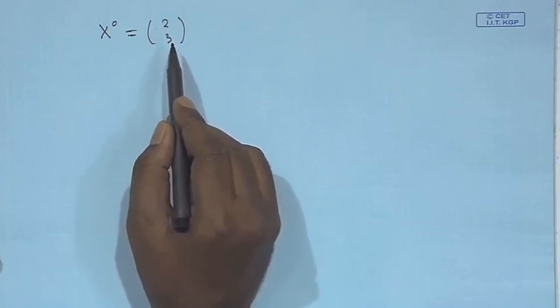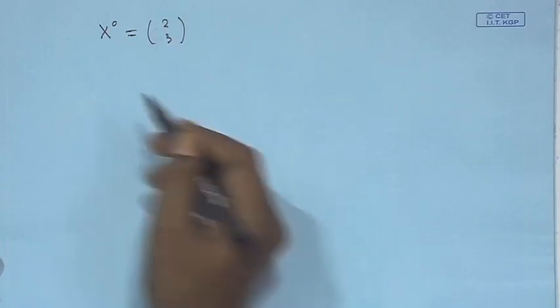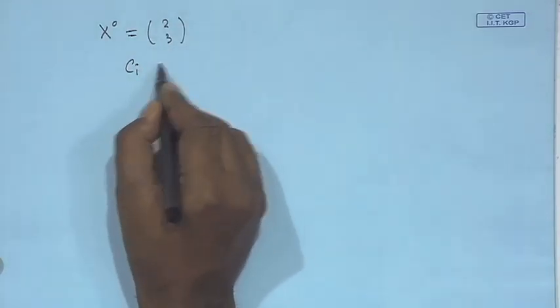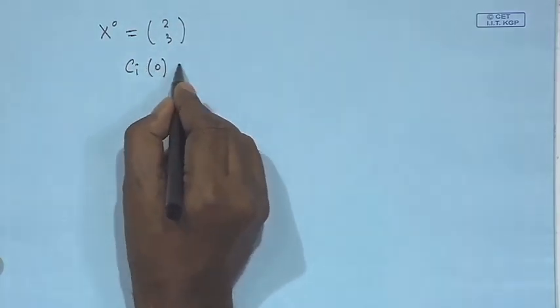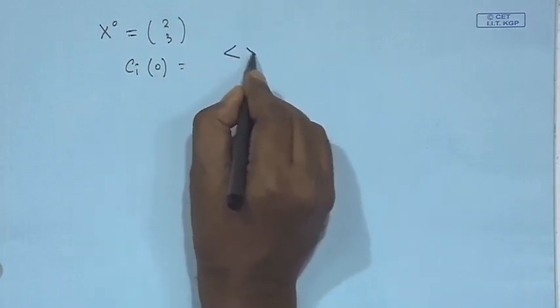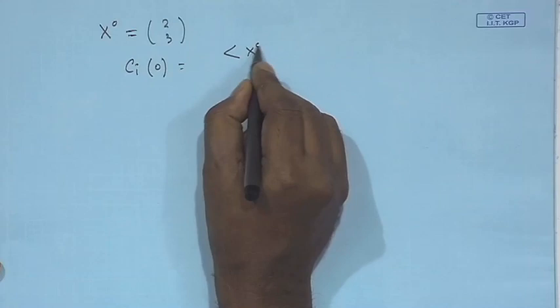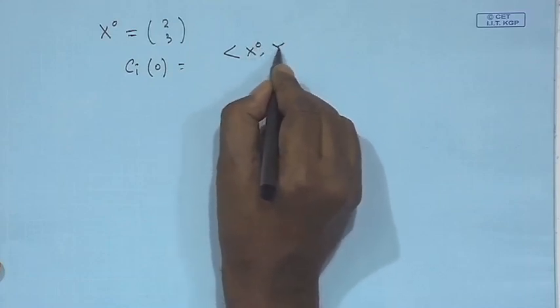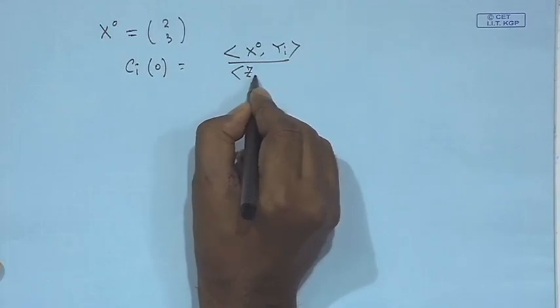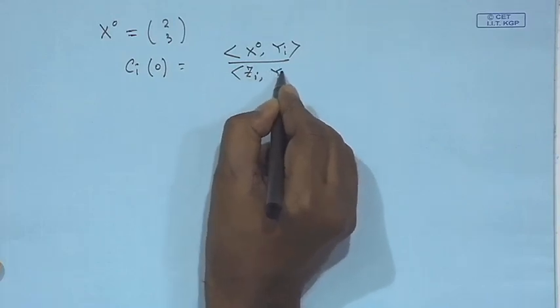We were looking into the solution, and for it you get the coefficients C i naught, defined as the inner product of x naught and y i, divided by the inner product of z i and y i.